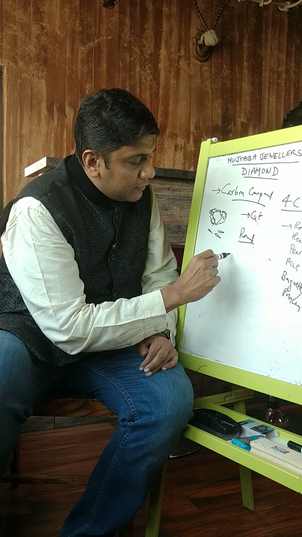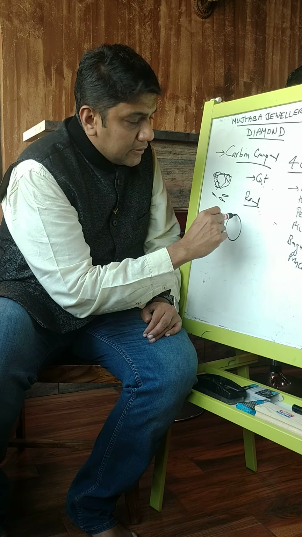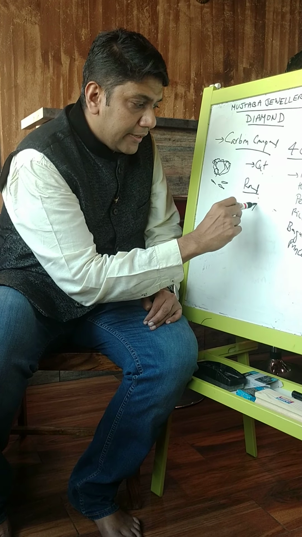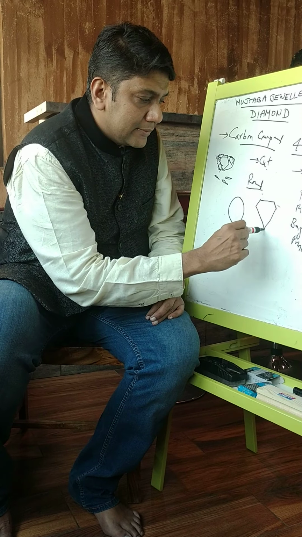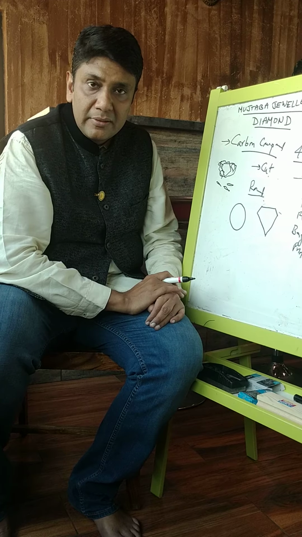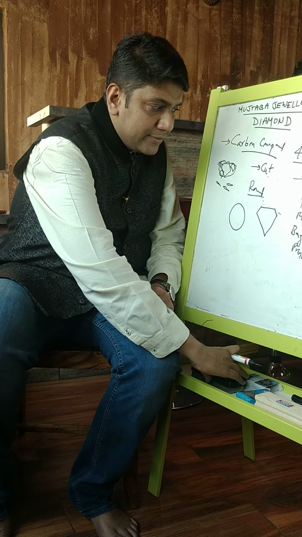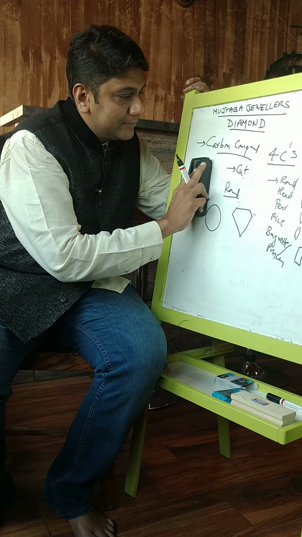When you look from the top, a diamond looks like this. When you look from the side, a diamond looks like this. But it's not that simple. We need to see how exactly it is cut.